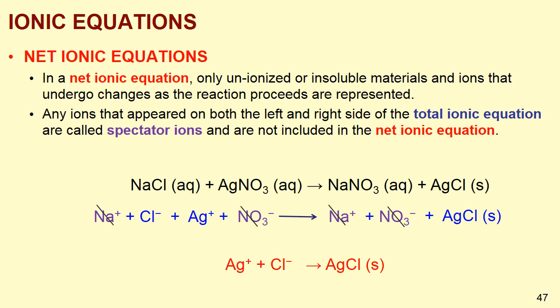Is that a word? They're just observing the reaction. So you can see that the Na shows up on both sides of the equation, and the NO3, same thing. So we cross those out. And then what's left over? The Cl negative and the Ag plus on the left, and then on the right, the solid AgCl.